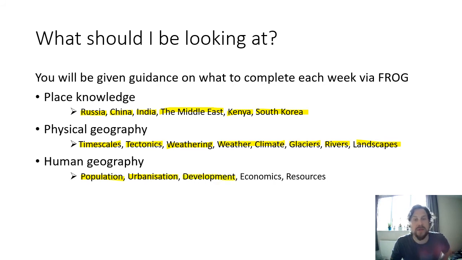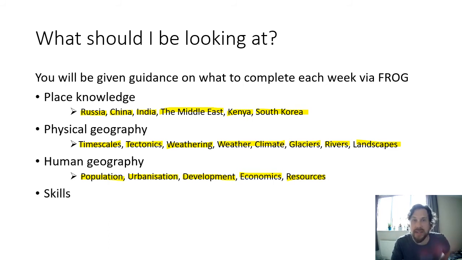Different levels of development, now that was something you did in Year 8, and it's a tricky one when it comes up to GCSE. You'll do it in Year 11, so make sure you have a good look at this and try and learn about it using the information. That also links to economics, so the wealth of different countries. And there's a topic on resources, things we need to survive. And when we think about resources, we think about electricity, energy.